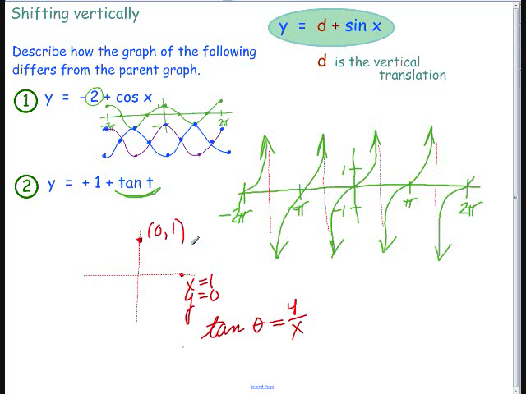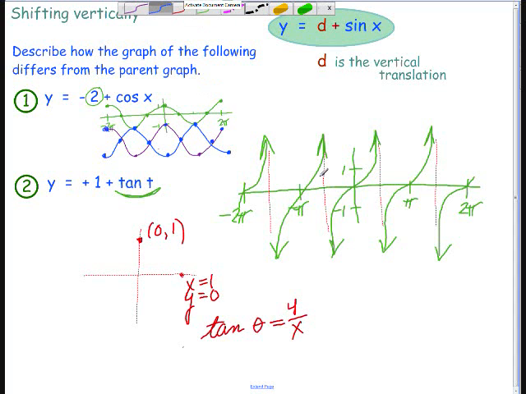All right, so that's what the parent looks like. What happens if I shift all of this up 1? What's that going to look like? Fortunately, it's positive, so I don't have to worry about any reflection here.